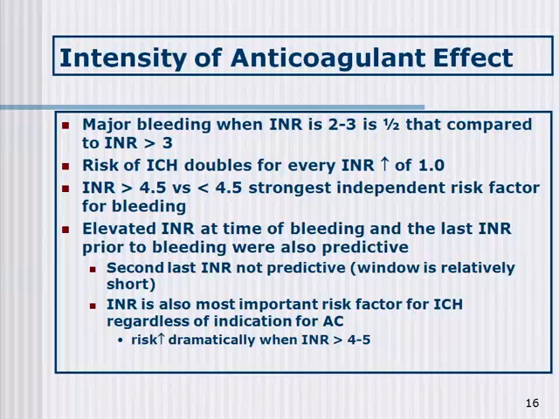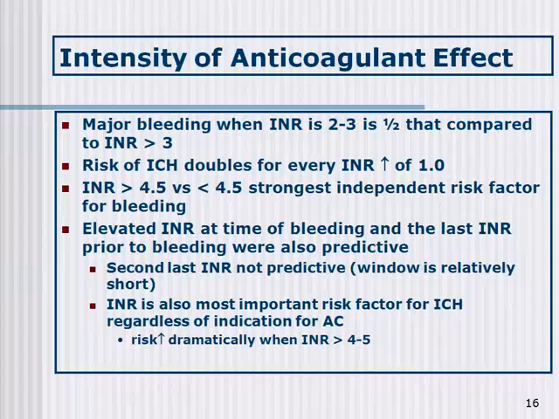The threshold for an independent risk factor for major bleeding is an INR above 4.5. Now, others, I think, will say differently. I personally feel that generally, unless the INR is at 6, the risk of bleeding is not substantially increased.